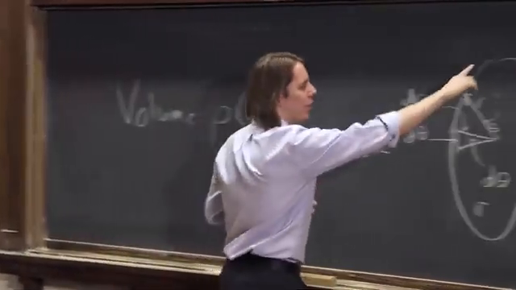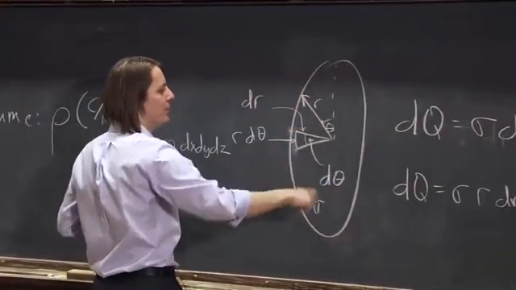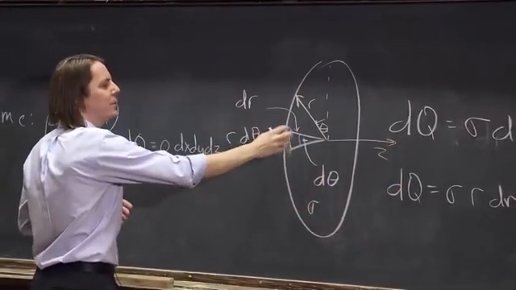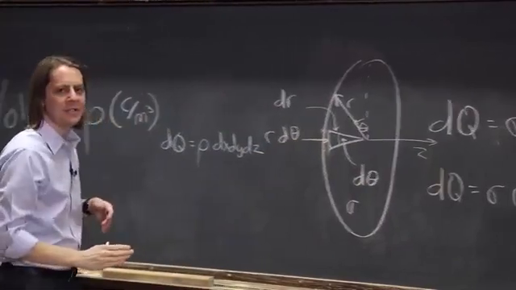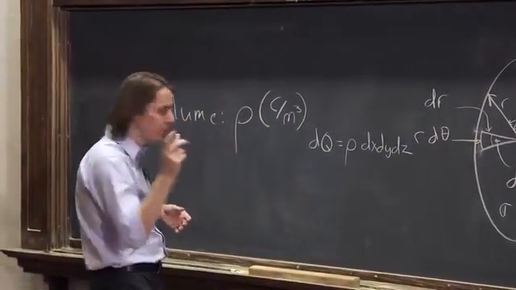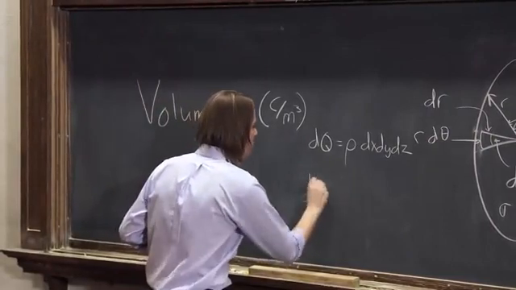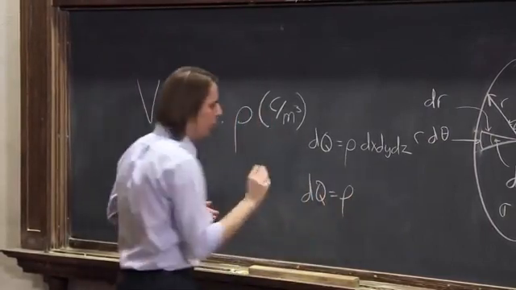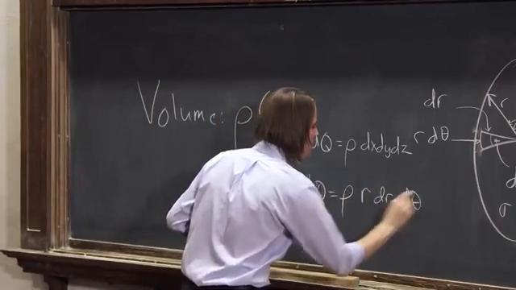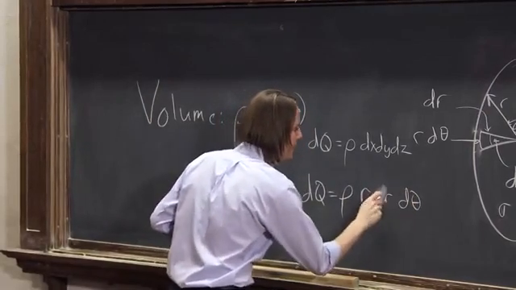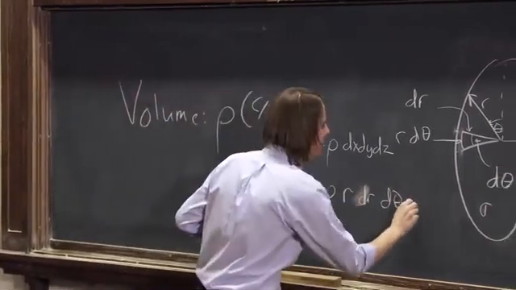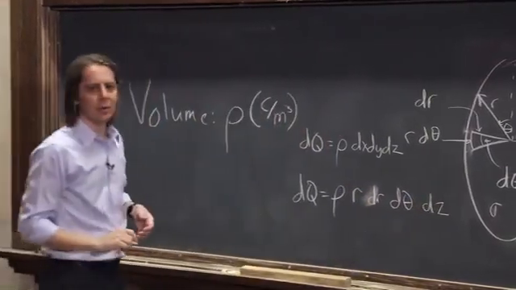If we look at our circle here, our polar coordinate system, if we just add z, then you can imagine this little area we talked about before and just have it come out in dz. So in that case, we could do this in what would be cylindrical coordinates. dq would be rho times r dr d theta, that's the area, and then we just add dz. And that would turn it into a volume.